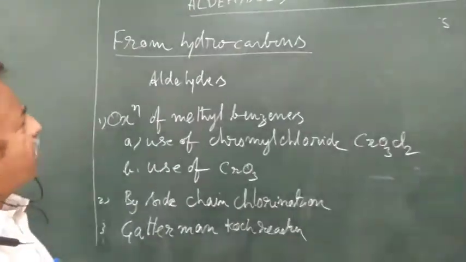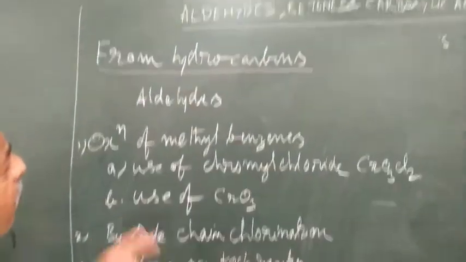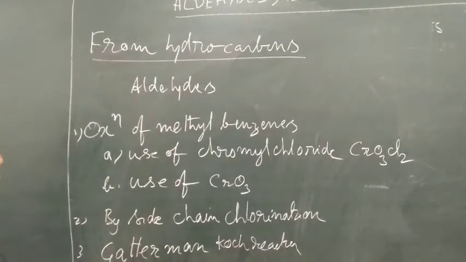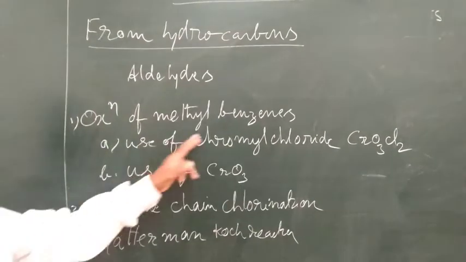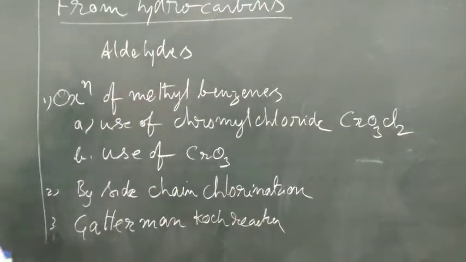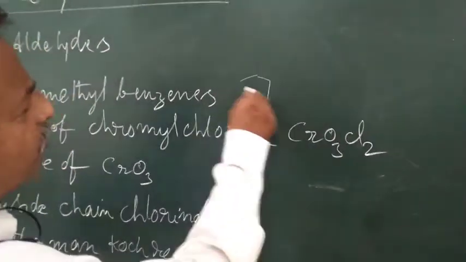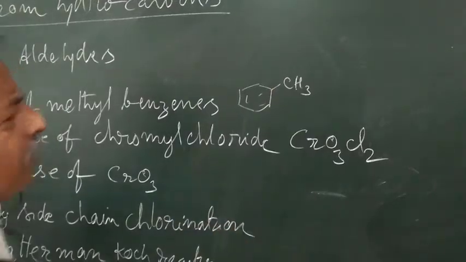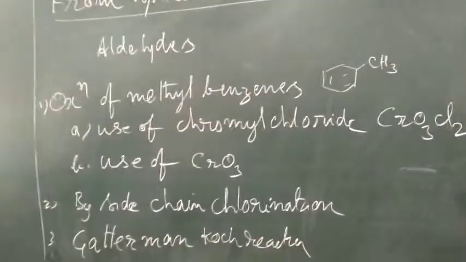Now let us discuss the preparation of aldehydes in the third method: oxidation of methyl benzenes, for example, CH3, toluene. In this, two methods are there.